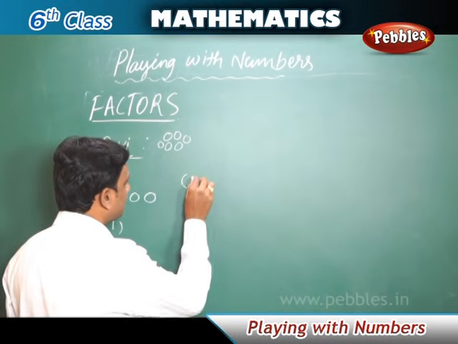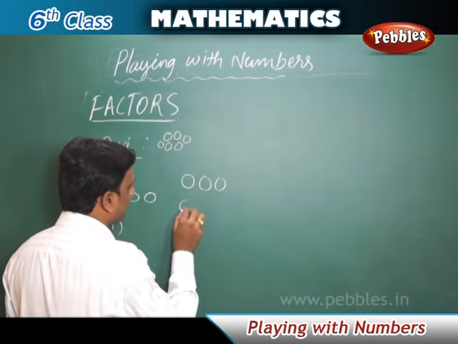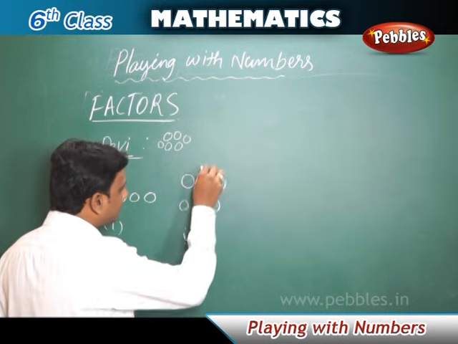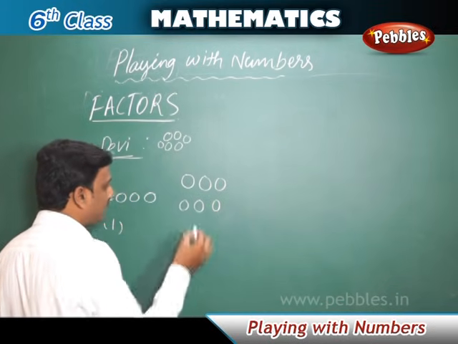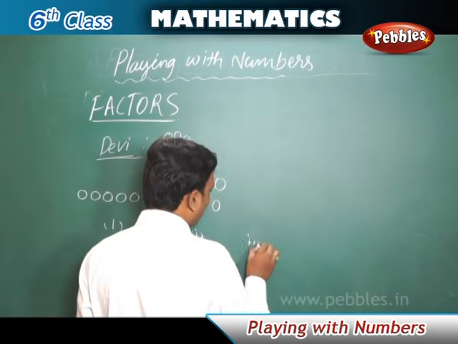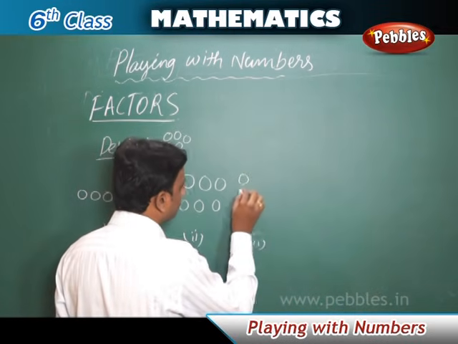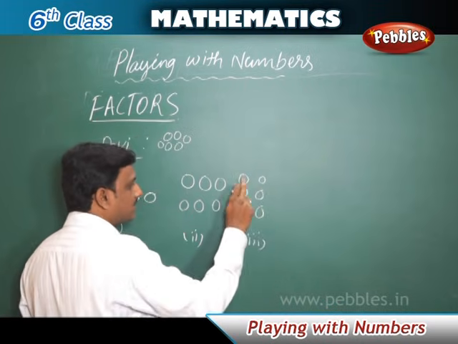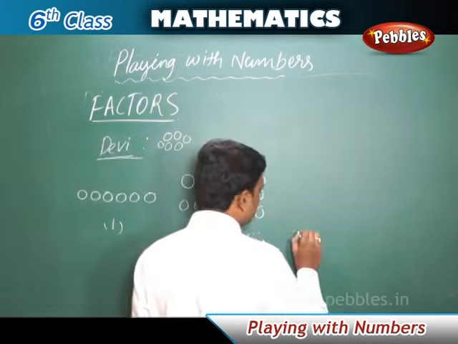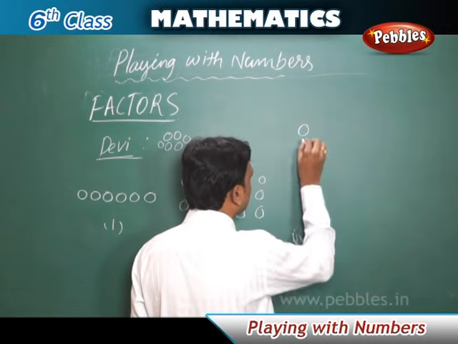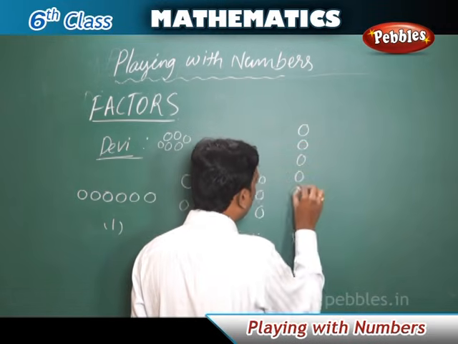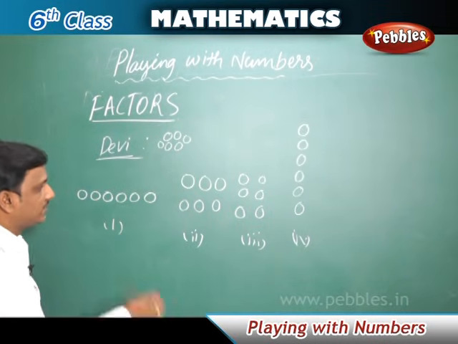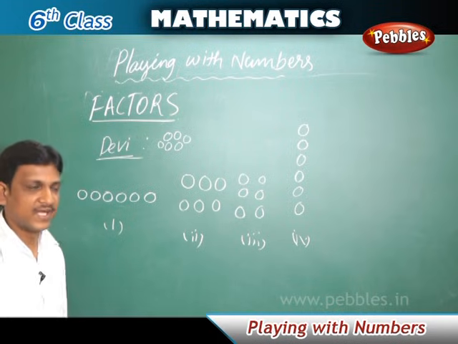Now let us see the second arrangement. In this second arrangement, she arranged in 3 columns, 2 coins per column. And in the third arrangement, she arranged in 2 columns, 3 coins per column, and in the 4th one she arranged all the 6 coins in only 1 column. So these are the 4 patterns in which she arranged the coins.